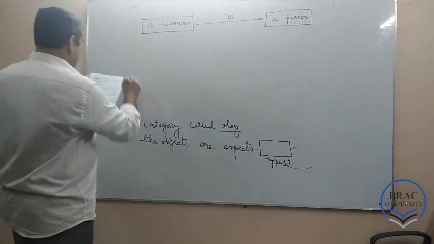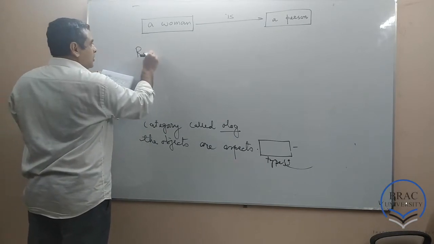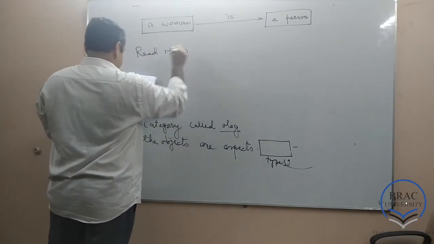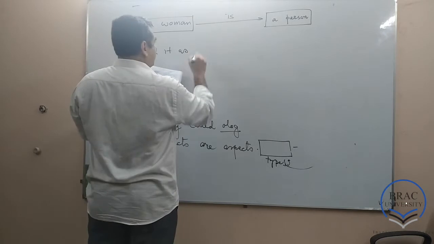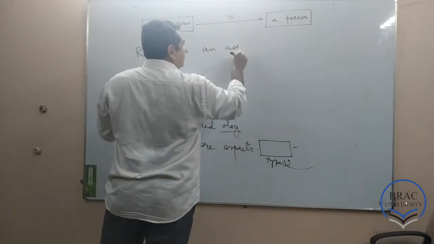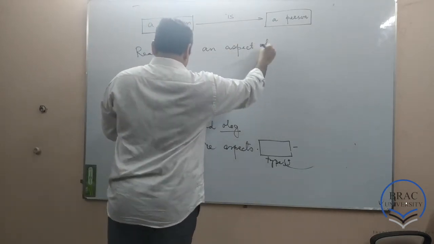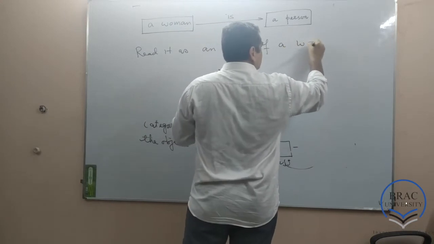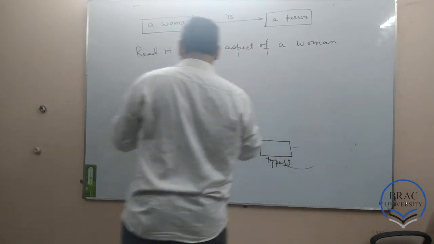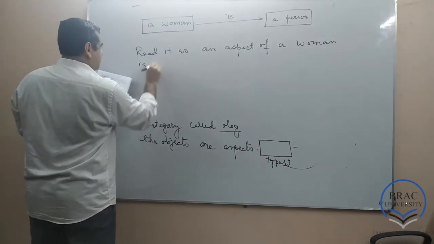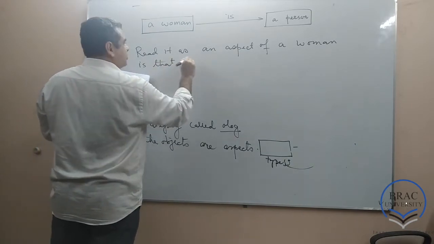So we should read it as: aspect of a woman is that she is a person.